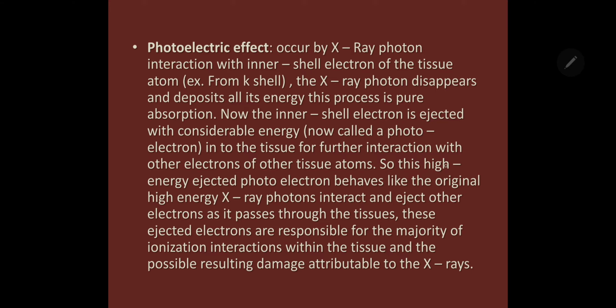So, this high energy ejected photoelectron behaves like the original X-ray photon, interacts and ejects other electrons as it passes through the tissue. These ejected electrons are responsible for the majority of ionization interactions within the tissue and the possible resulting damage attributed to the X-ray.